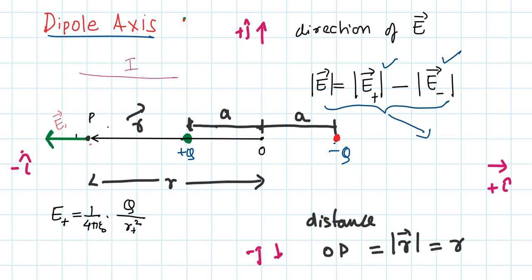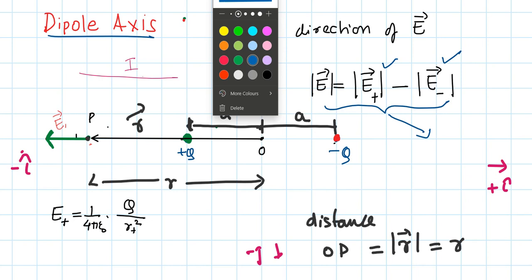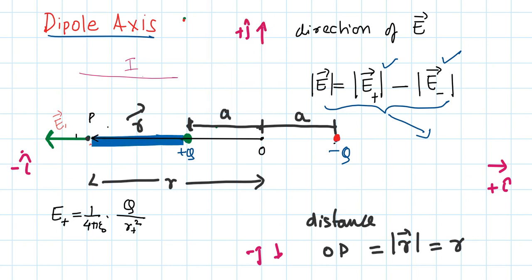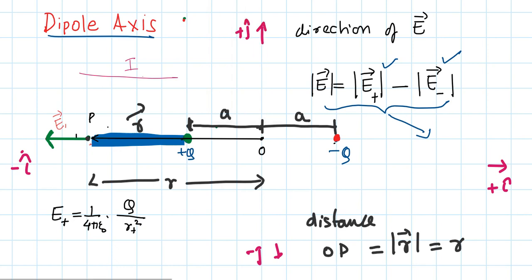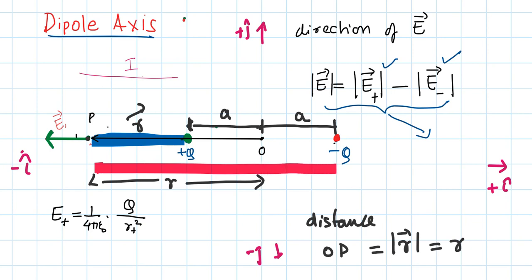I think this is enough to calculate the distances, not from O to P or O to plus Q, but from P to plus Q and P to minus Q. These two distances were r plus and r minus, and it's very easy to find them using r and a. Just imagine in your own mind and tell me what the distance marked using the blue strip will be.